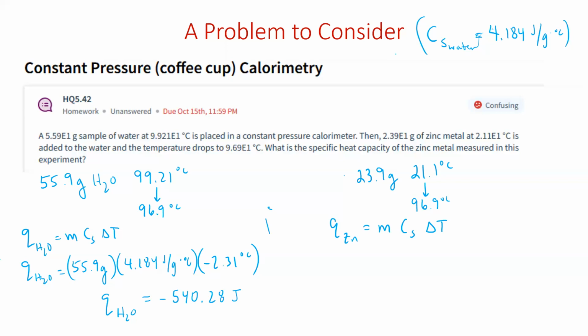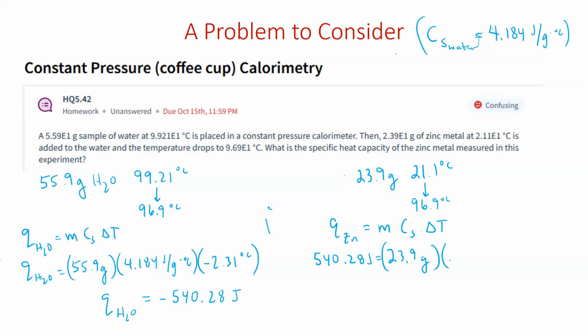A positive 540.28 joules, because the water lost this energy. Water lost this energy because zinc gained this energy to go from 21 to 96.9 degrees Celsius. So Q for the zinc, we just flip the sign.